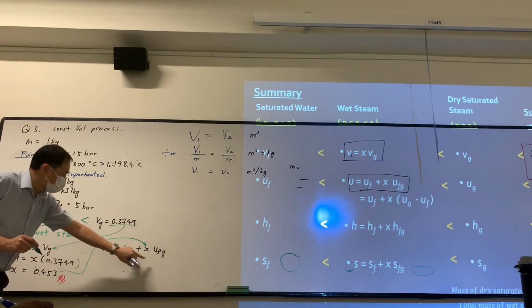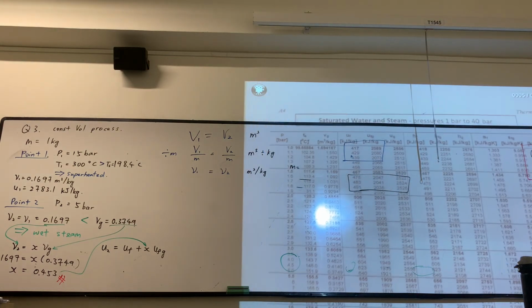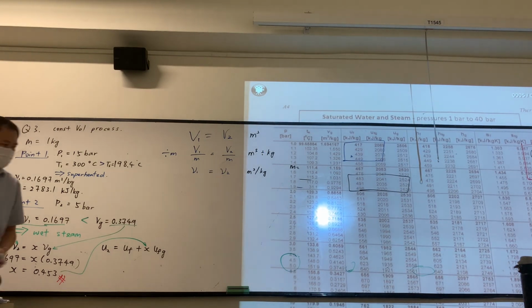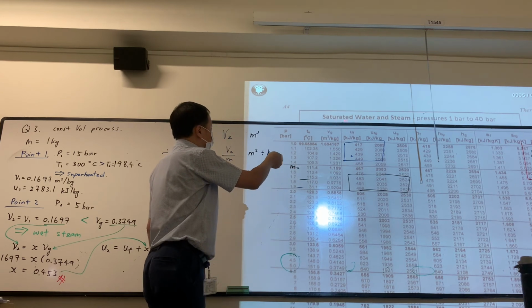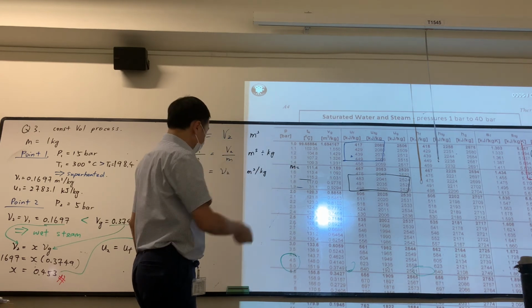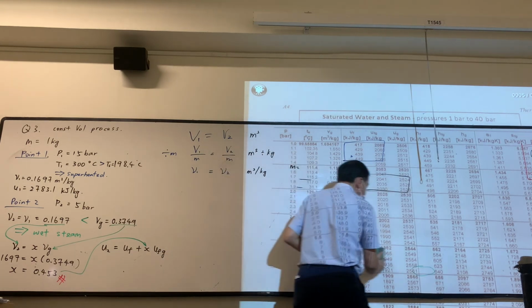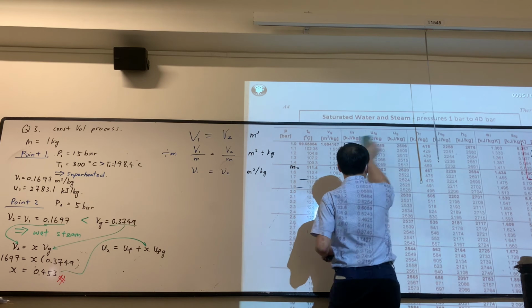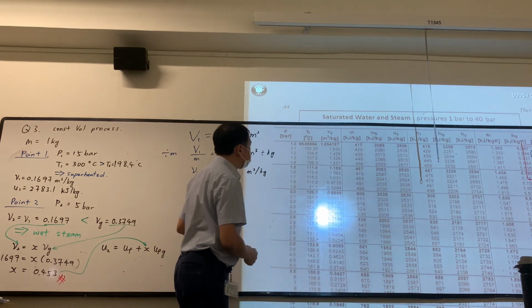How about UF and UFG from the steam tables? This time, this is wet steam, so you go to the saturated water and steam table, not superheated steam. In superheated steam you also cannot find UFG. The only place you can find UFG is here, in the saturated water and steam table.